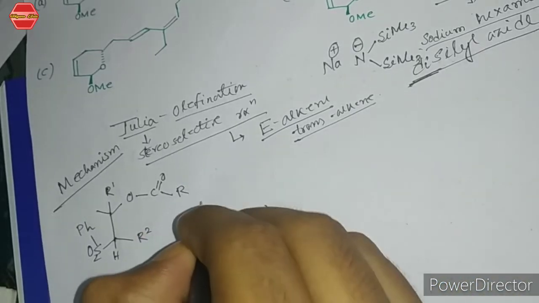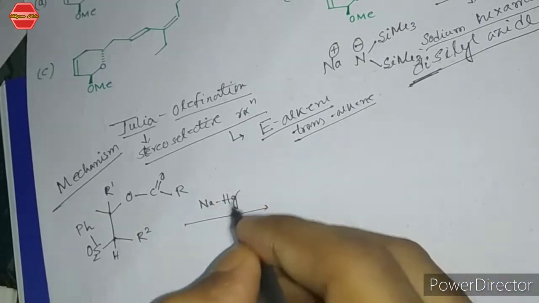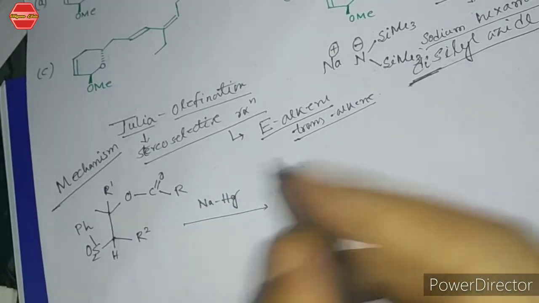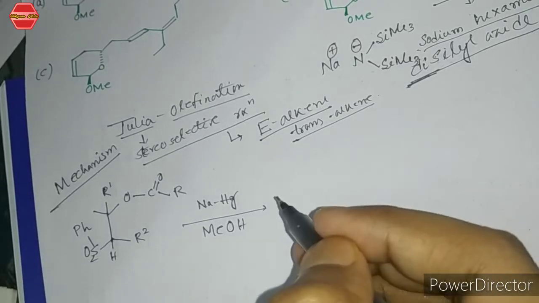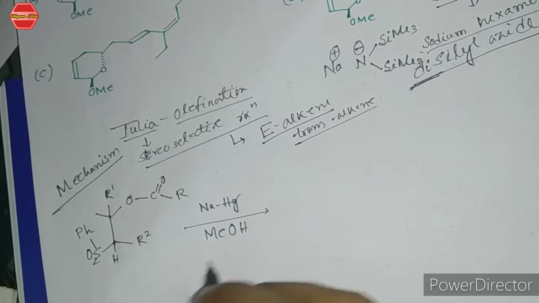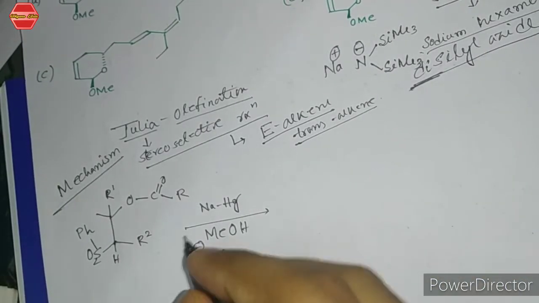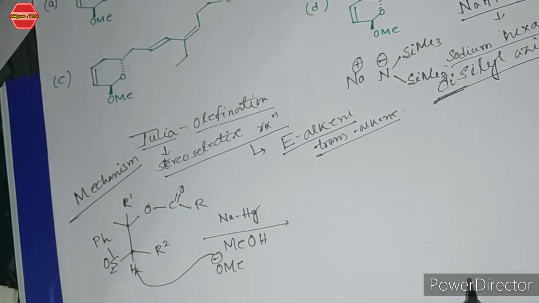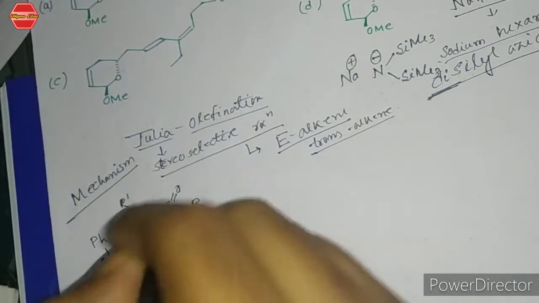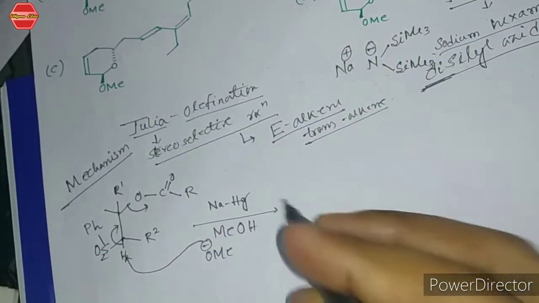Here I have the reagent, sodium amalgam, Na(Hg), and methanol. Now let's see how the reaction proceeds with methanol. The OMe minus will abstract the proton from here, this bond goes here, and this will leave from the system as a leaving group.